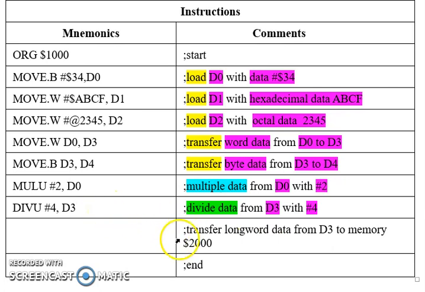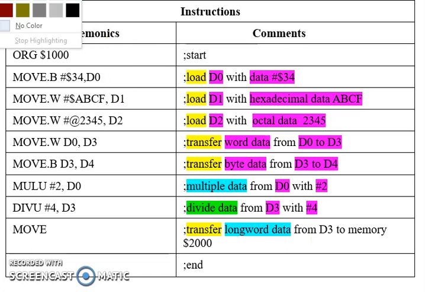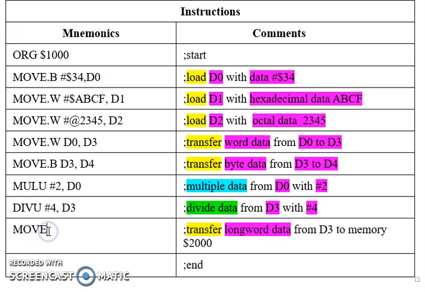Let's move on to the next line. Transfer. When we see transfer, we must remember it refers to move. Load and transfer mean move. Long word data refers to .l. Move.l from D3.